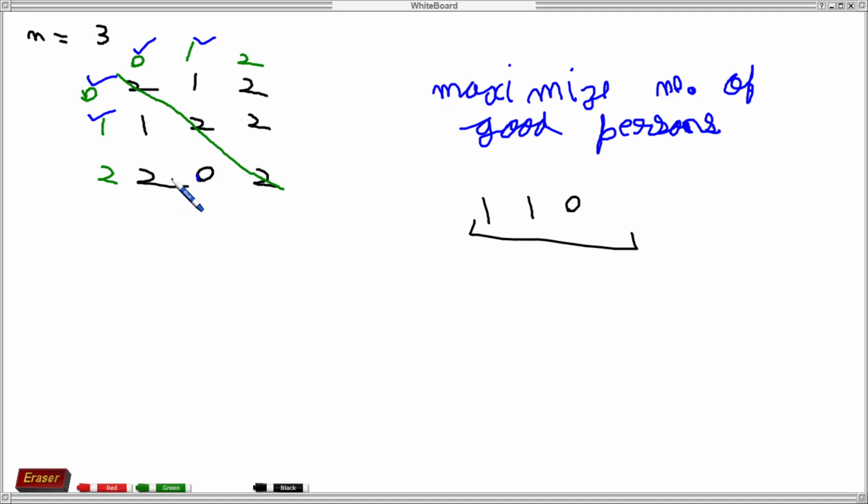Now the second person is saying that the first person is bad, but we know that the second person can also lie. We have assumed the second person to be a bad person, so it may lie or it may tell the truth.